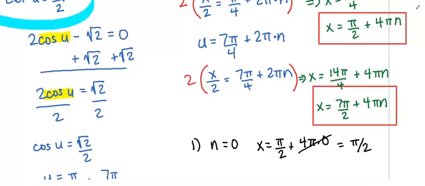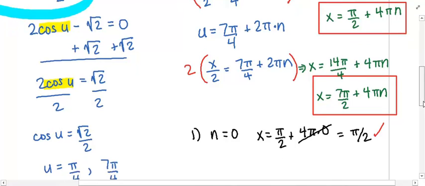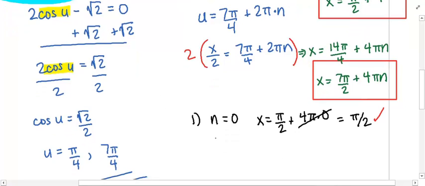And then if I plug in n equals 1, that's going to give me that x can be pi over 2 plus 4 pi. Okay, well, just by the nature of adding 4 pi to it, this is going to be outside of 2 pi. So that's going to be bigger than 2 pi. Okay, so I'm not going to write that one down.